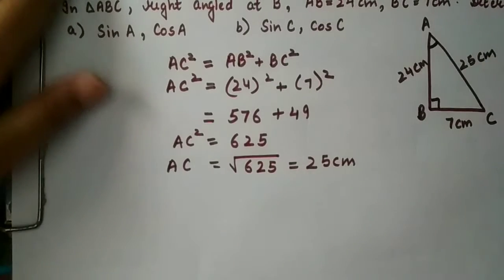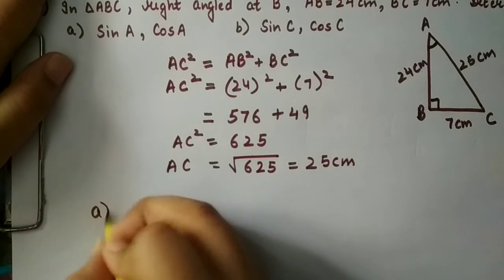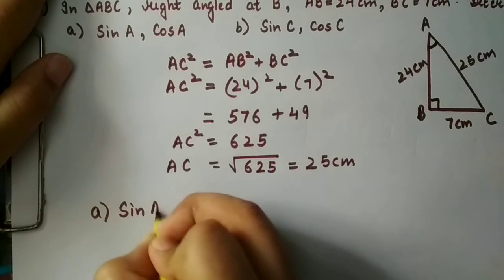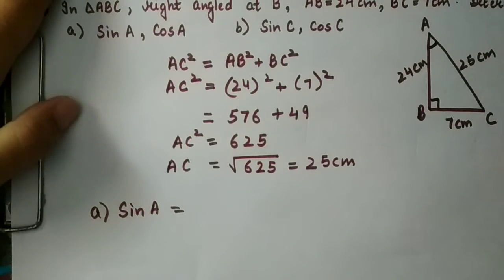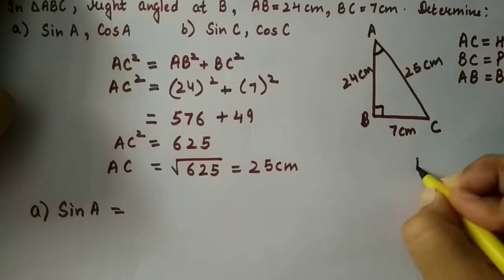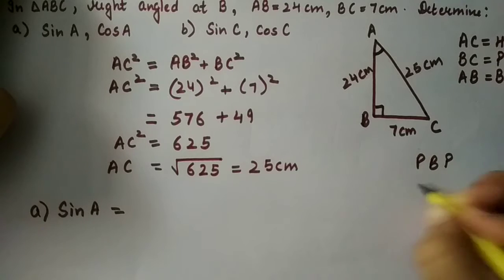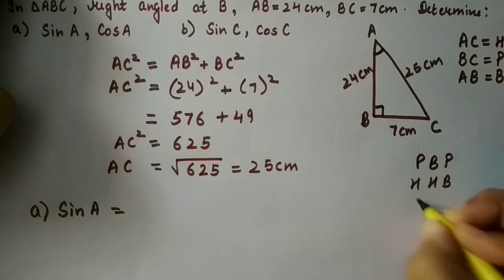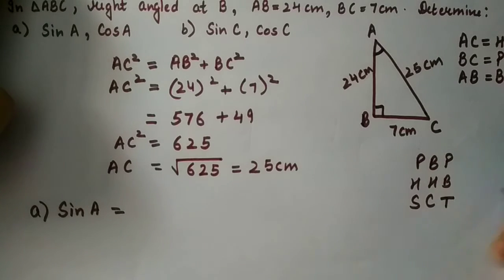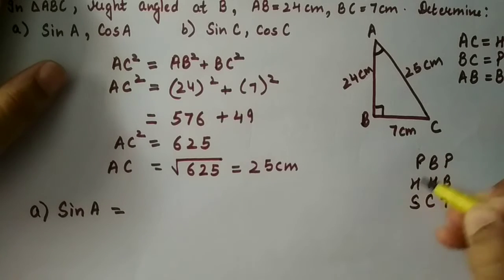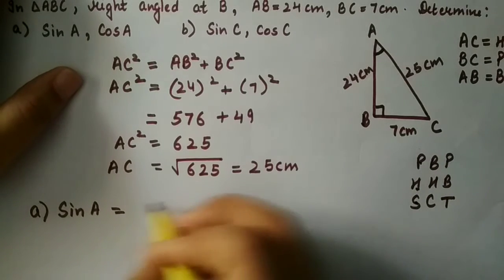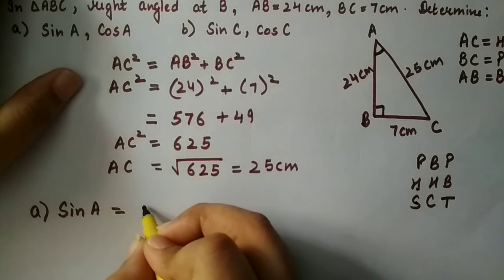Now we can easily find the trigonometric ratios. In A part we need to find sine A. We know from this, Pandit Badri Prasad, Hari Hari Bol, Sona Chandi Tol, that sine is perpendicular upon hypotenuse. So sine A is perpendicular upon hypotenuse.